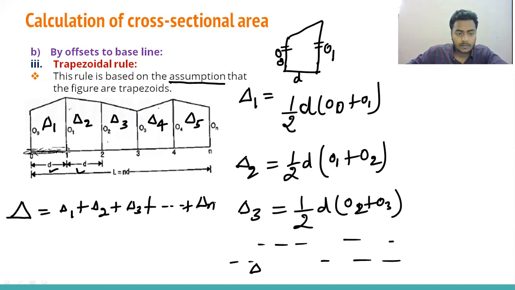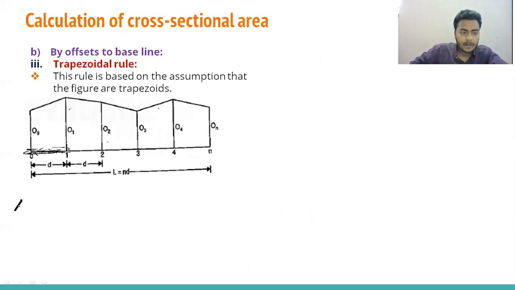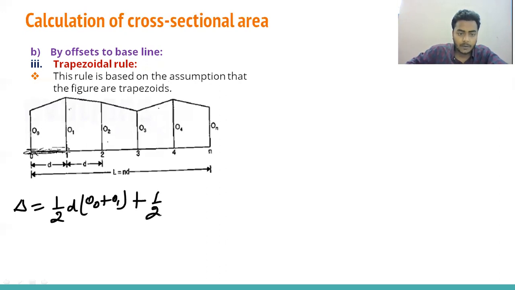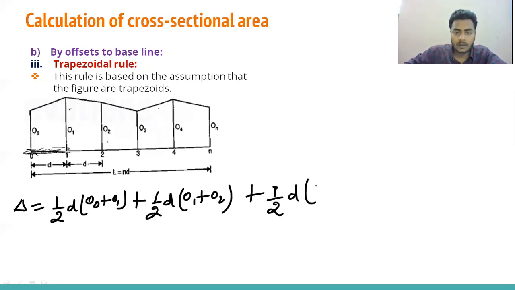Now put the value of delta 1, delta 2, delta 3. Delta 1 will be half into d into O0 plus O1. Delta 2 is half into d into O1 plus O2, and delta 3 is O2 plus O3.